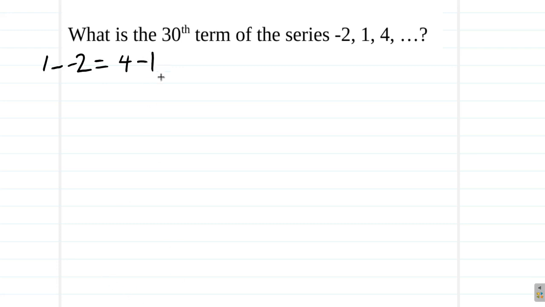It should be equal. So 1 minus negative 2 must be equal to 4 minus 1. Is that so? 1 minus negative 2 is the same as 1 plus 2. It is 3, which is equal to 4 minus 1, which is 3. Alright. It is an AP, arithmetic progression.